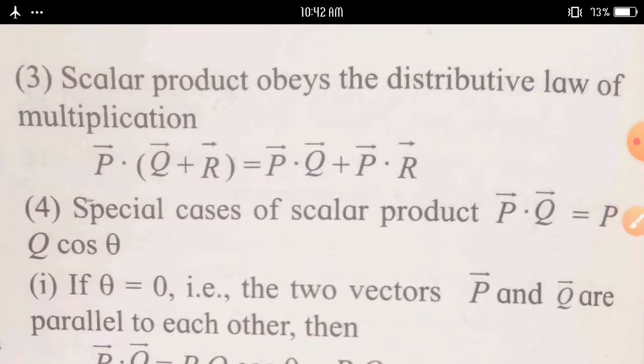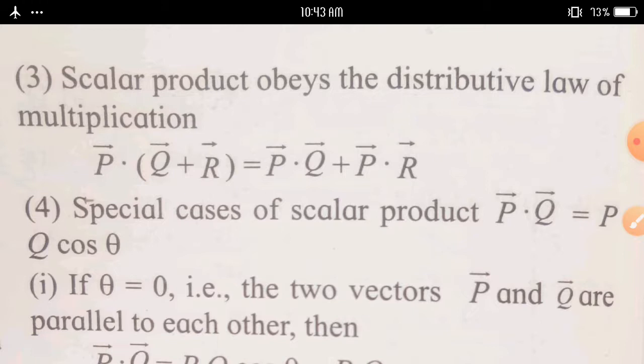Third characteristic: scalar product obeys the distributive law of multiplication. Suppose p bar, q bar and r bar are three vectors. We can write p bar dot in bracket q bar plus r bar.